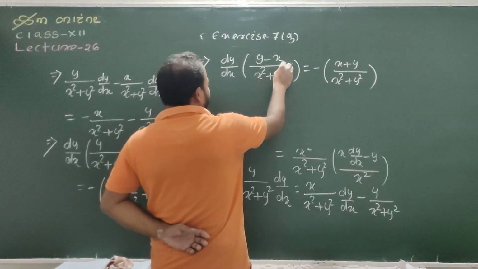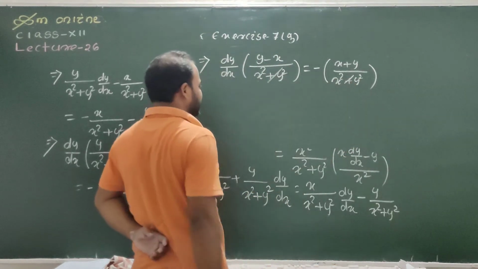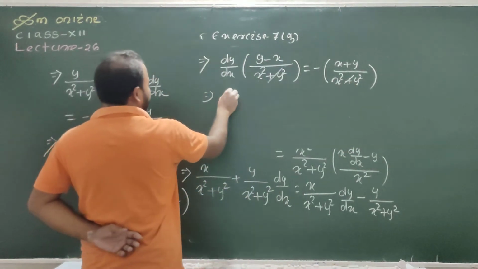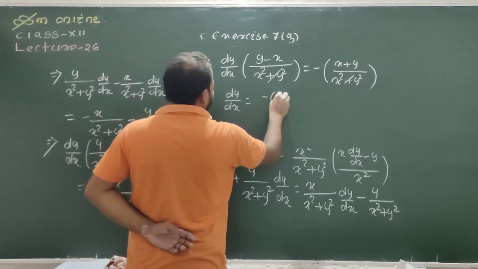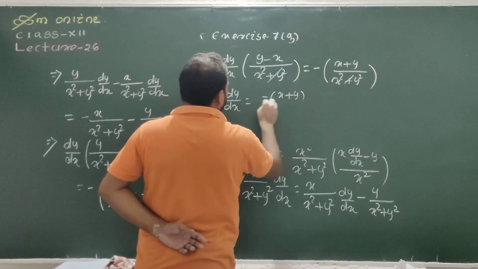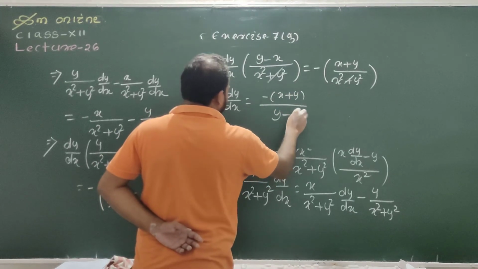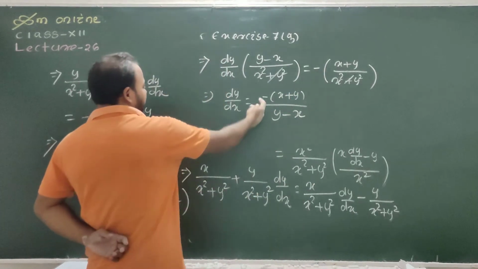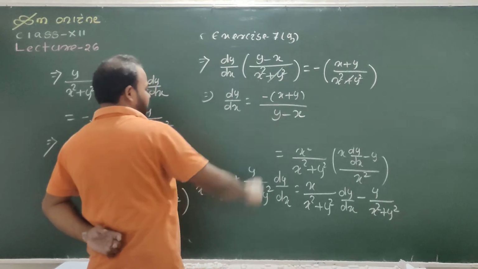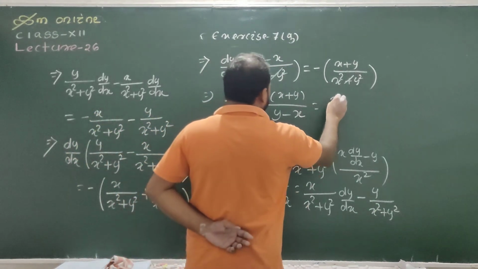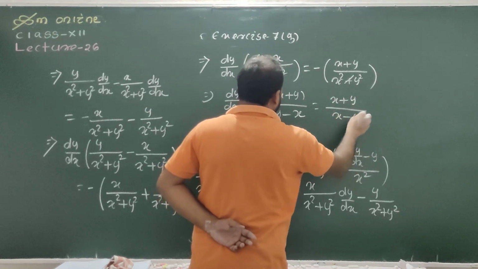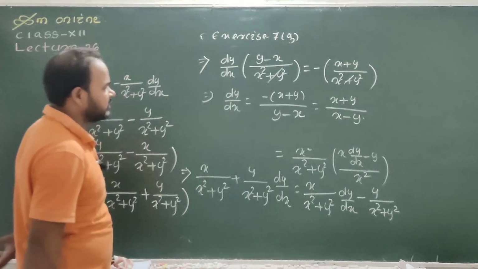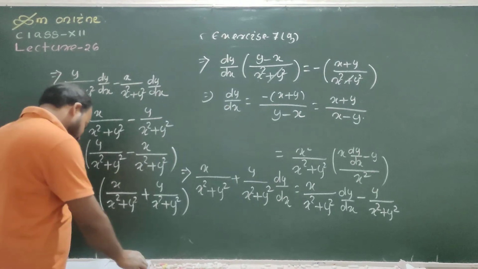The x square plus y square cancels, and finally we get dy by dx equal to minus of x plus y upon y minus x, and using the minus sign in the denominator, we get x plus y upon x minus y. This is the answer.